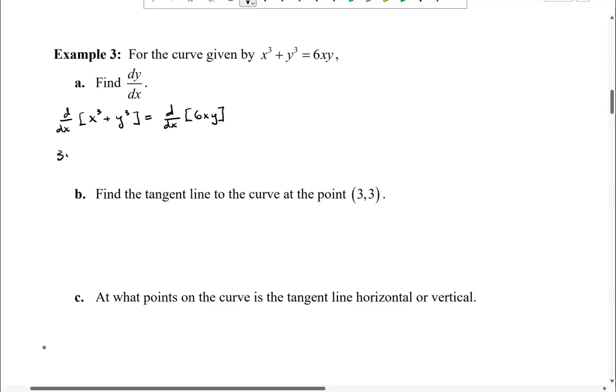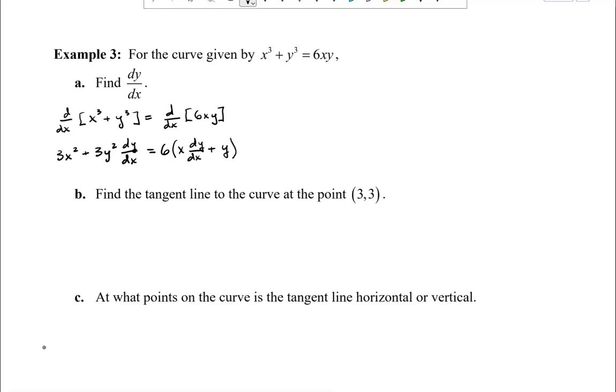So we get 3x squared plus 3y squared dy dx equals, the 6 is a constant multiple, so I'm just going to put it on the outside of parentheses, and then we'll take the derivative of xy using the product rule. So we have the first times the derivative of the second plus the second times the derivative of the first, which is just 1. Now we'll distribute the 6 and then get all the terms with dy dx on one side of the equal sign and all the terms that don't have dy dx on the other side.